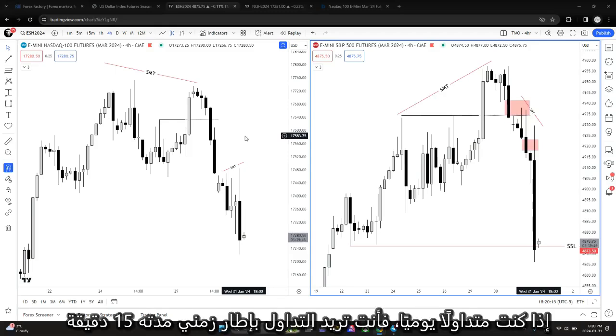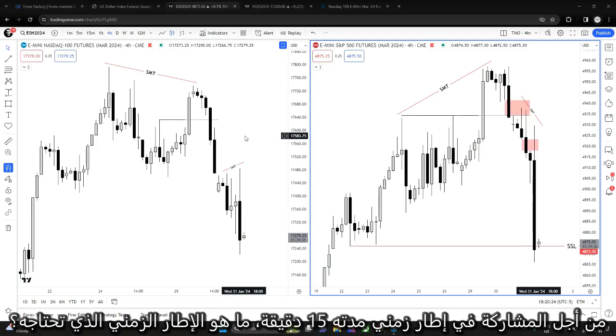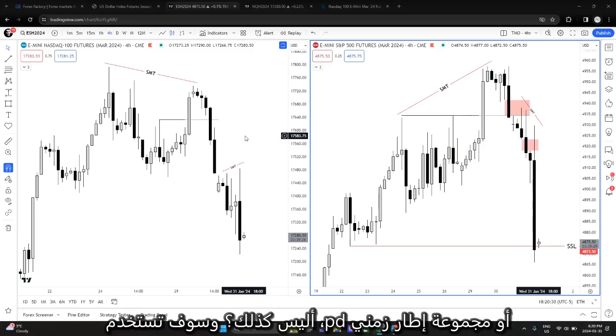If you are a day trader, you want to be trading with a 15-minute time frame. In order to trade with a 15-minute time frame, which higher time frame PDRA do you need? Most of you already know you need a 4-hour time frame PDRA, right?